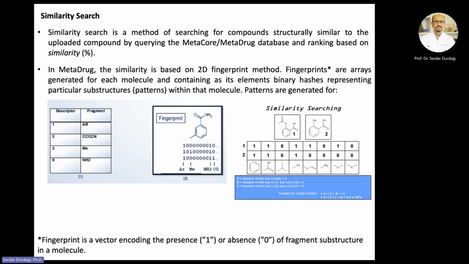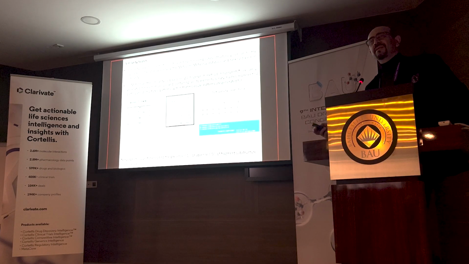In Metacore, it uses similarity search, and in the similarity search it uses the Tanimoto coefficient. Let's say we have two molecules, molecule 1 and molecule 2. How can we calculate the similarity between them? What is the percentage of similarity?